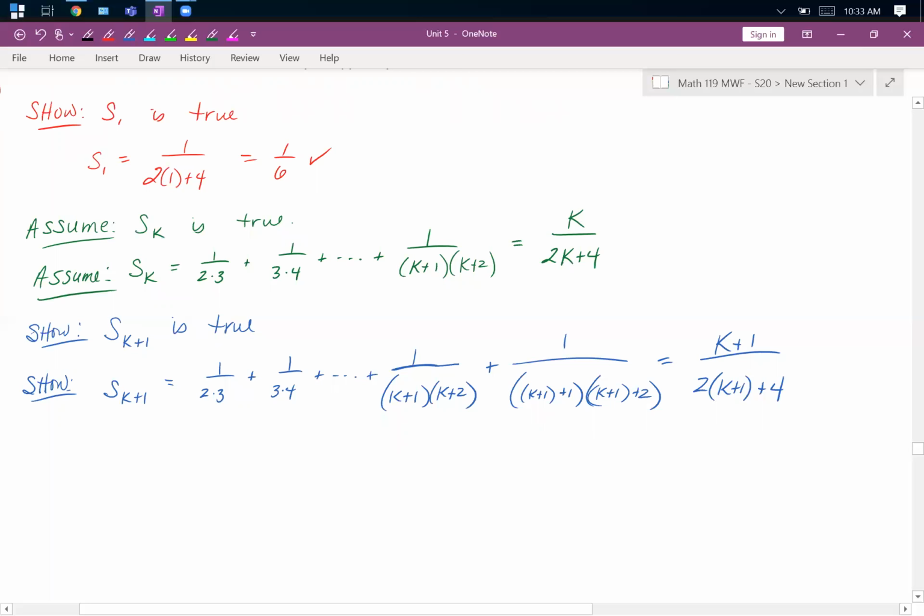And I would clean this up a little bit on the right-hand side. This is 2k plus 2 plus 4. So we're saying that this needs to be equal to k plus 1 over 2k plus 6. So that's what we're trying to show.